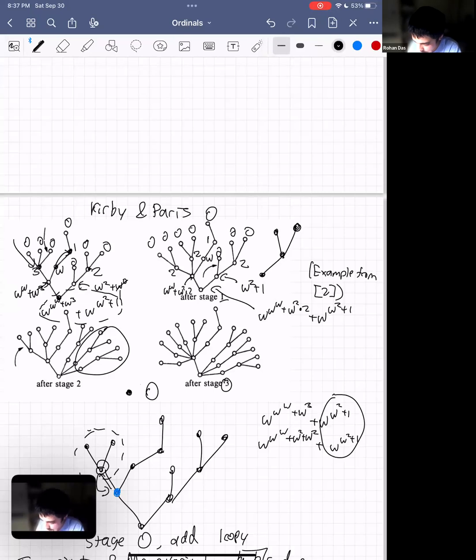These terms are the same, but stage 0 is bigger because omega cubed is larger than omega squared plus omega squared. And we can remember this because omega cubed was defined as a number bigger than omega squared times 2, omega squared times 3, etc. So it must be bigger than omega squared times 2.